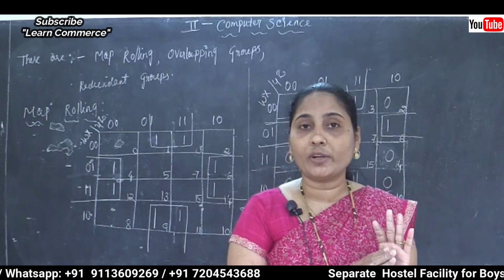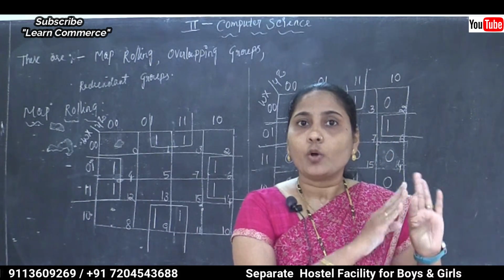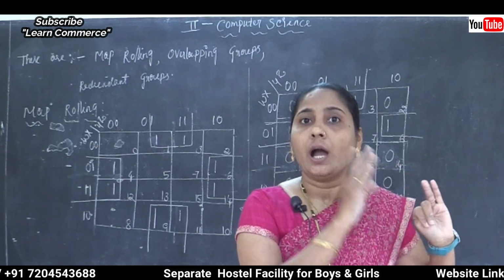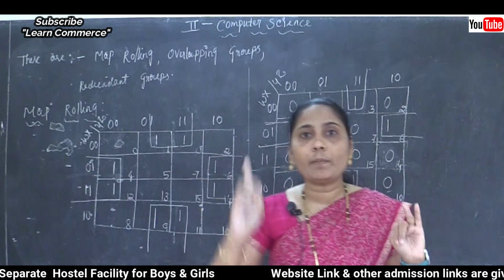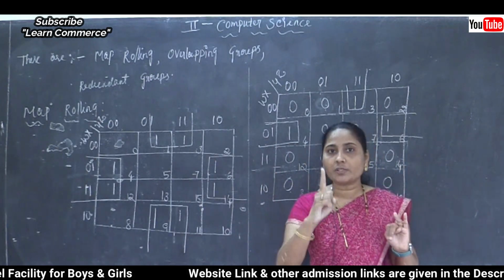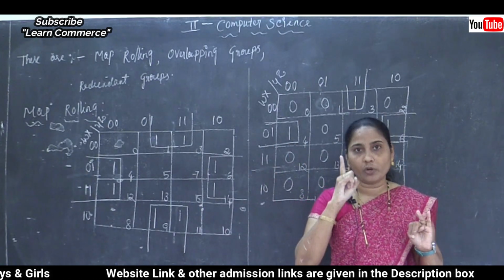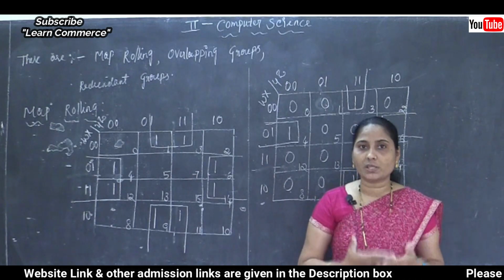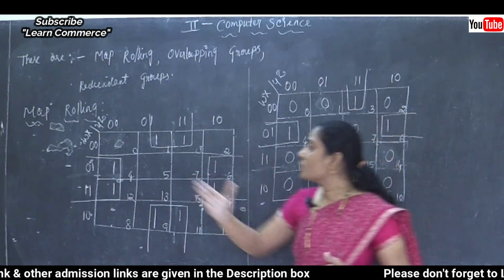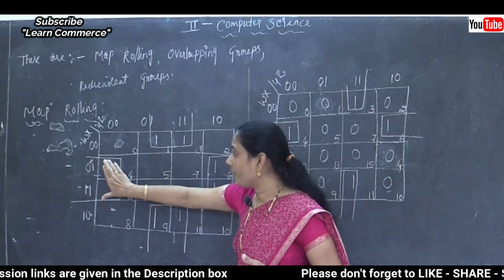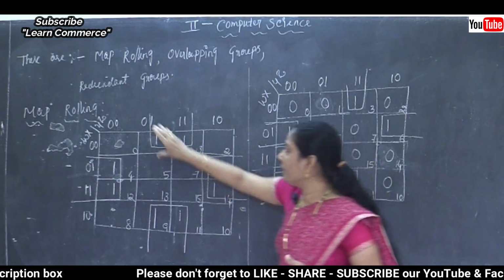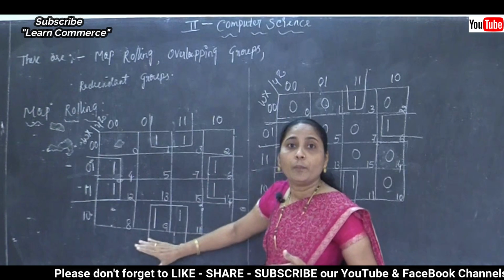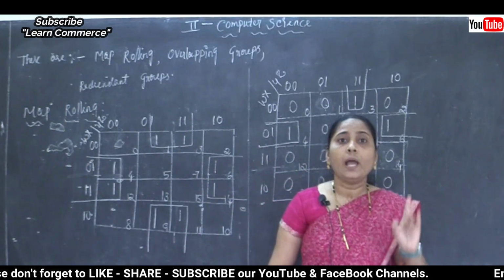Not only do we find the pairs, quads and octets here, we also need to give importance to and take care of some other groups. The first group is the map rolling group. Now we know what map rolling group means: the left edge touches the right side edge, clear this point? And the top edge touches the bottom edge. That is called map rolling.